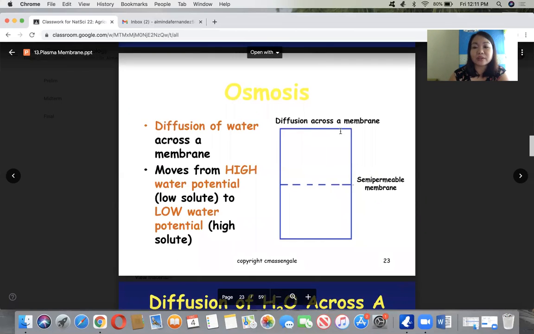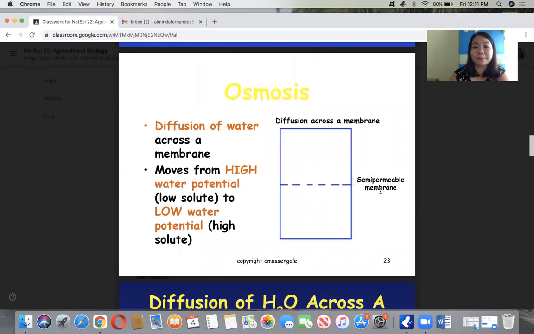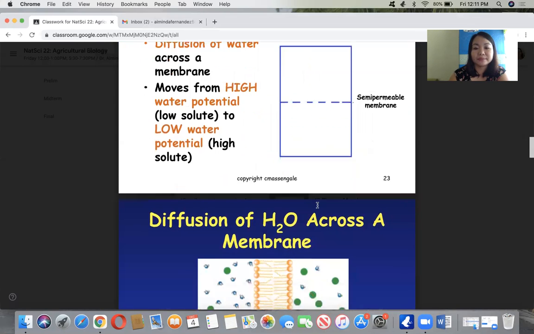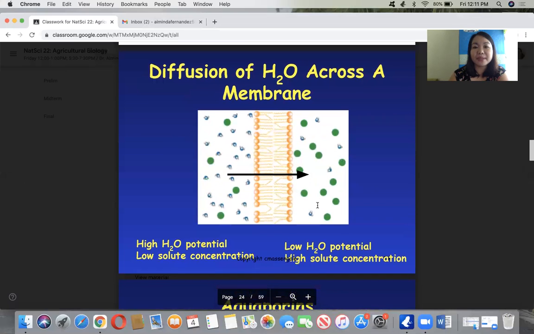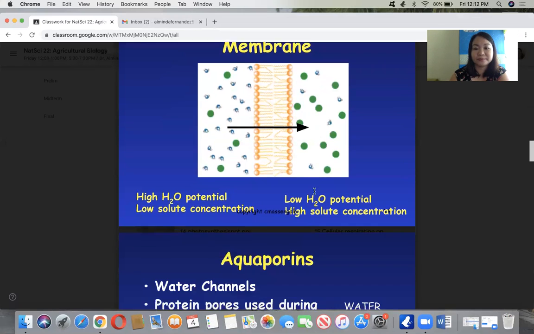So this is diffusion across a semi-permeable membrane. This is what happens in the diffusion of water across a membrane from high water potential or low solute concentration to low water potential or high solute concentration.